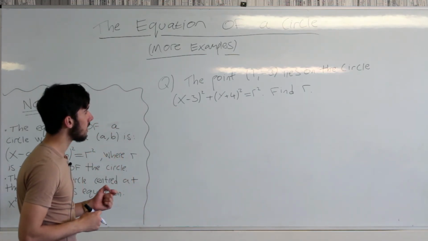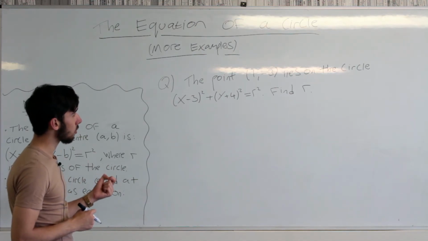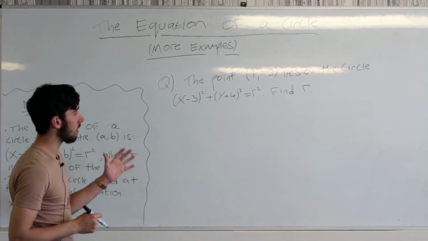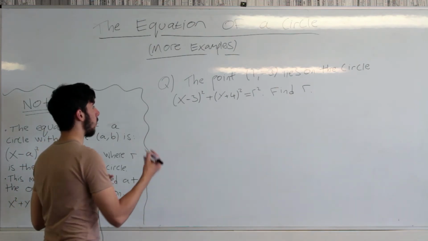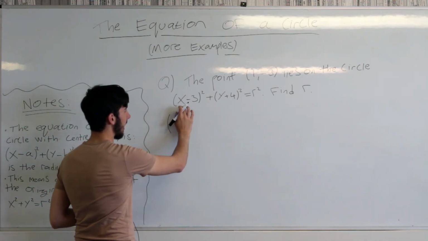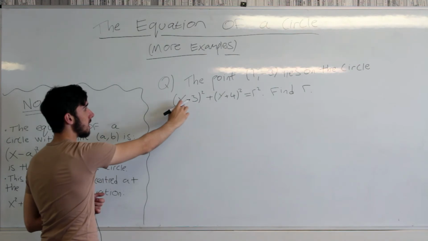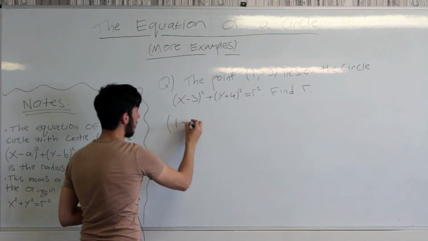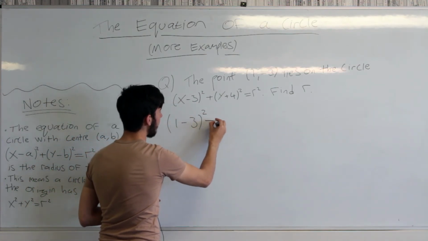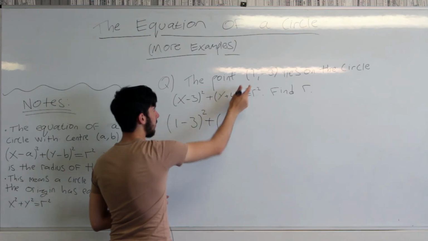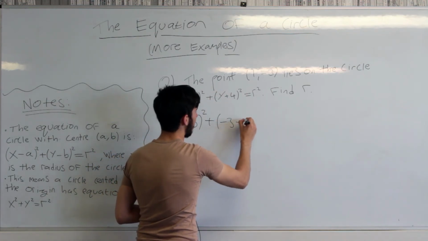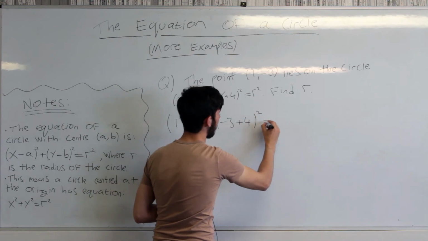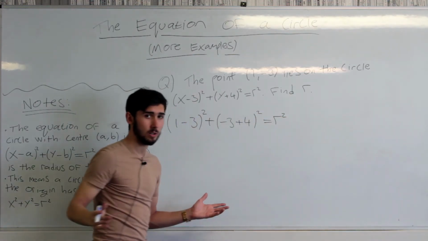We're going to essentially say 1, minus 3: 1 is the x coordinate, minus 3 is the y coordinate. We just substitute those in to this x and this y. So 1 is the x coordinate, we get 1 minus 3 squared, plus y is minus 3, we get minus 3 plus 4 squared equals r squared, just like that.